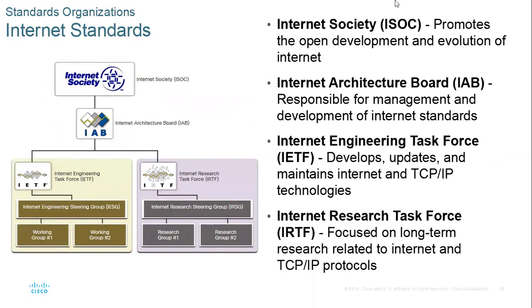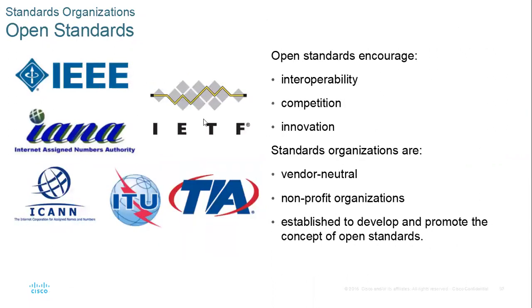So you have ISOC, IAB, the IETF, and the IRTF. If you want to buy a domain name, for instance, the IANA is responsible. You have several other standards bodies for different geographical locations, like Europe, North America, South America, Asia, and Africa.